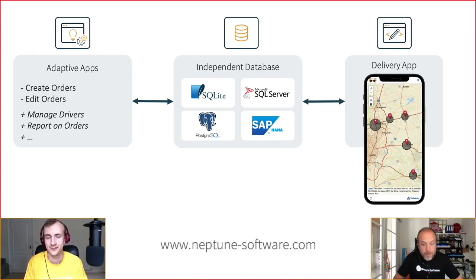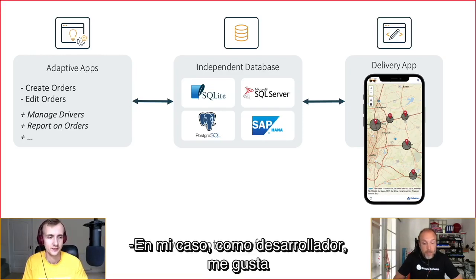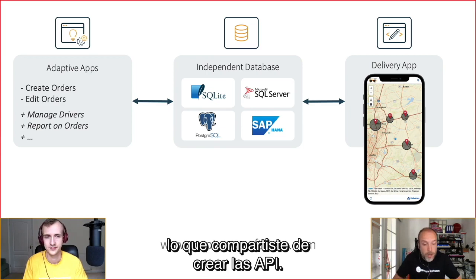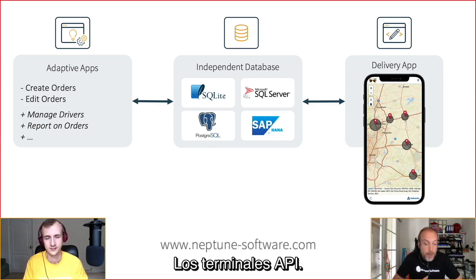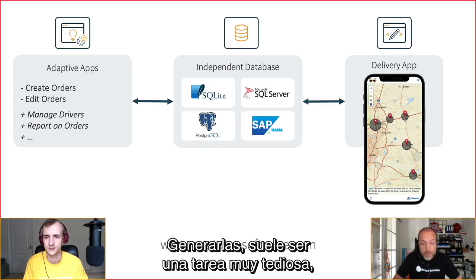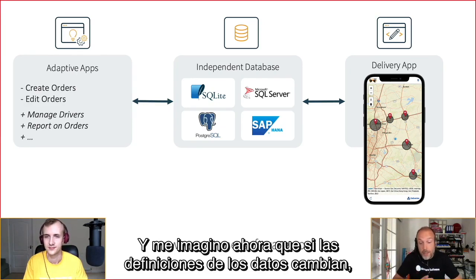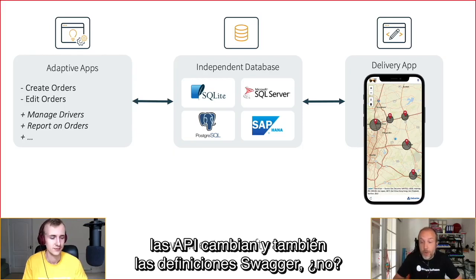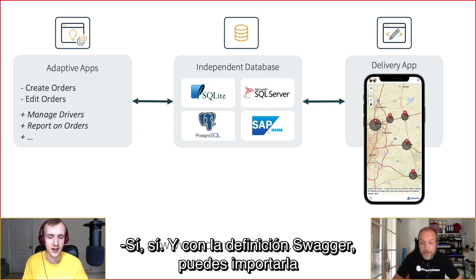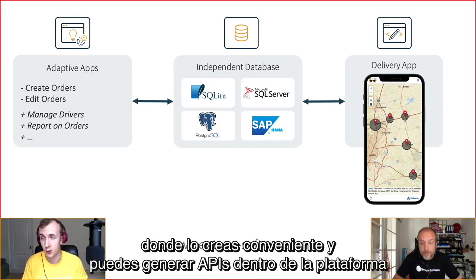Yeah, and for me as a developer, I like what you showed is creating the API endpoints. Normally it's a bit of a tedious task, but now it's just being generated. And I can imagine if the data definition changes, the API changes, but also the Swagger definition, right? Yeah. And with that Swagger definition, you're free to import it wherever you see fit.